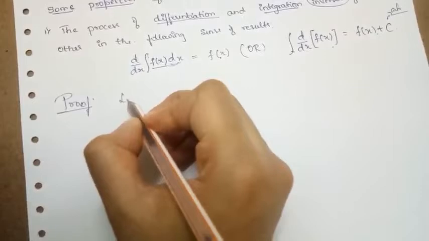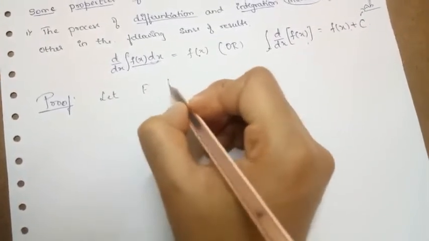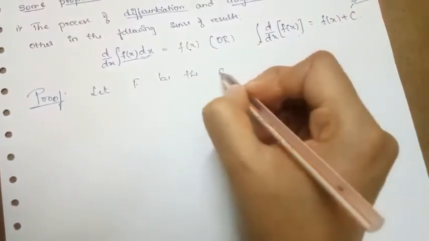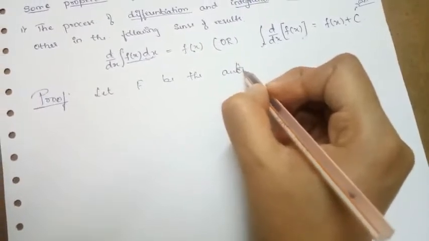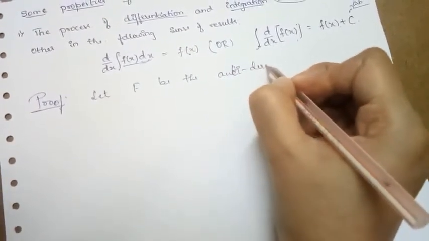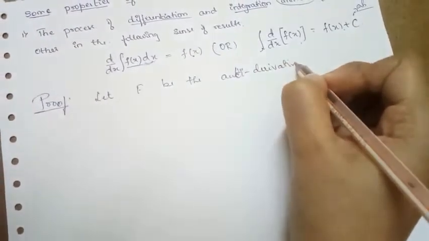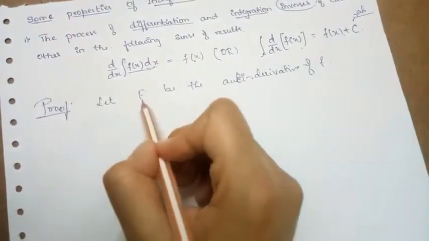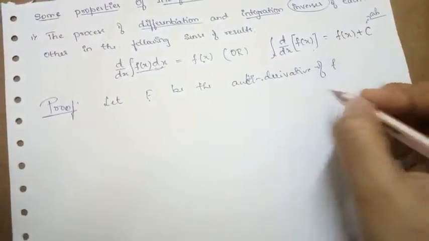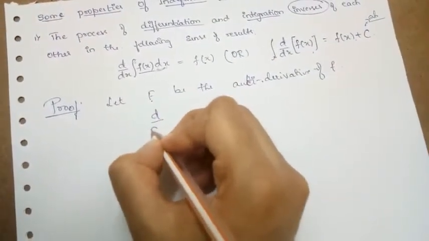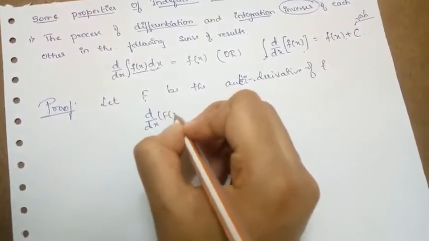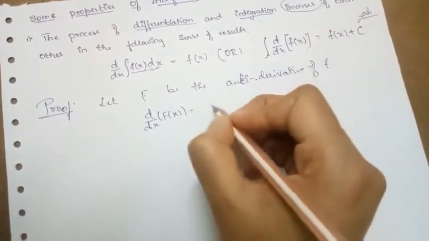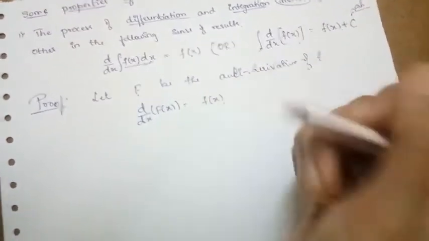Suppose I consider capital F to be the antiderivative of small f. Antiderivative of f means what does that imply? If I differentiate F of x, I am going to get small f of x.